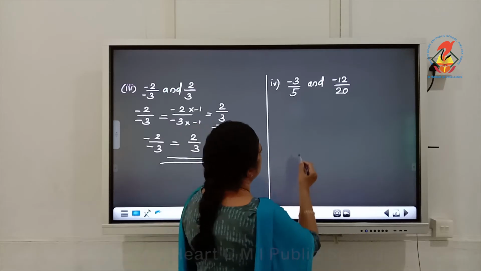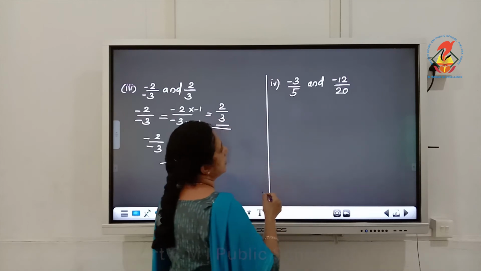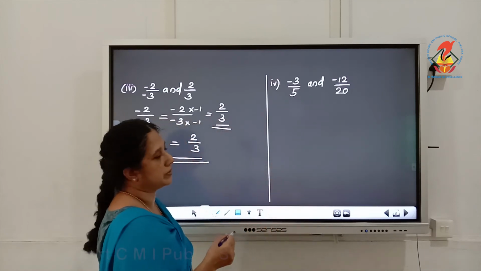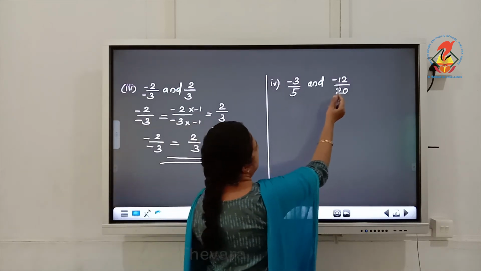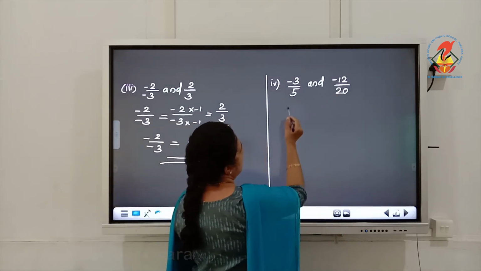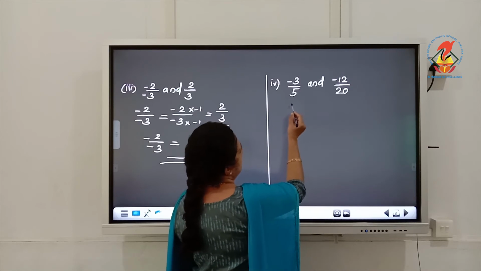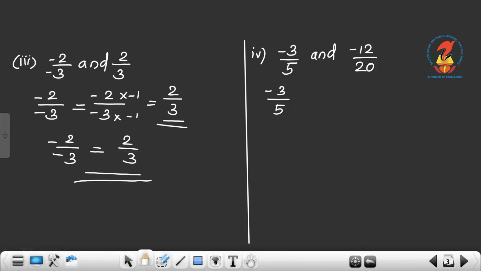Then the fourth one, negative 3 by 5 and negative 12 by 20. Can you make the denominator of negative 3 by 5 as 20? What we have to do is multiply both numerator and denominator by 4.